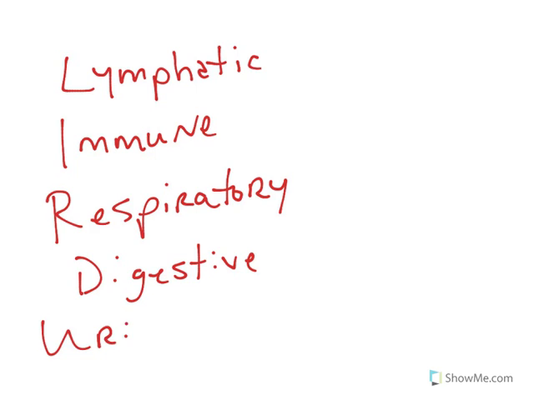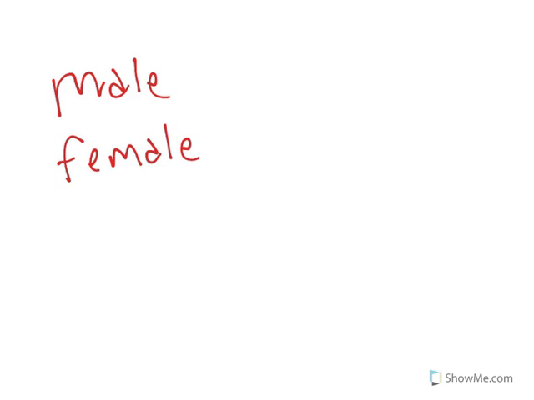Also, for elimination, urinary system, this is for liquid waste, and it also is in charge of regulating water balance. So the kidneys are in charge of water balance, electrolyte balance, acid-base chemistry, keeping us in proper pH and whatnot. Then we have the reproductive systems. We have male and female reproductive systems, and obviously these two systems are different.